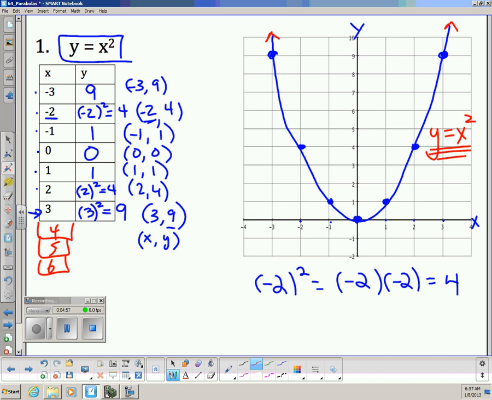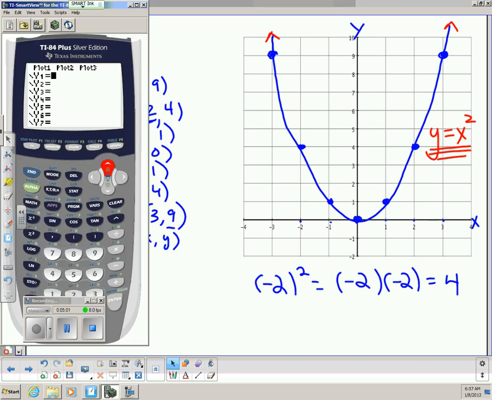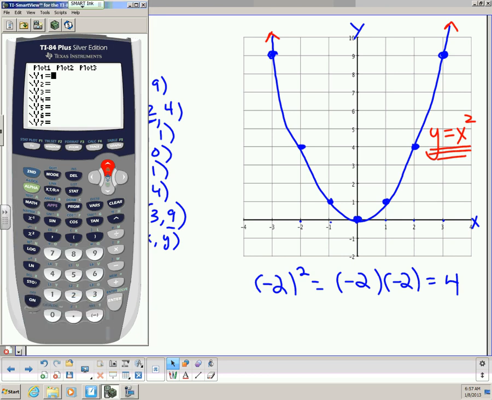Now, we're not always going to plug in numbers because it gets to be a pain in the neck. So we're actually going to use our calculator. So make sure you have your calculator out. Pause if you don't. We're going to go to the home screen. So here's your home screen.